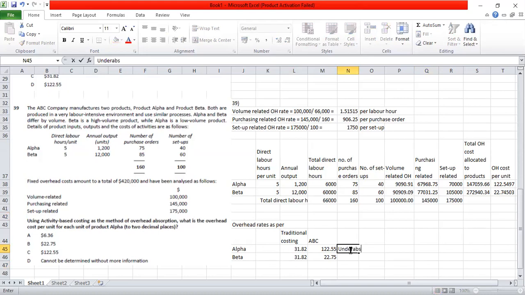So what is the disadvantage? If they charge a lesser amount, under absorption will result in underpricing the products. The price will not be sufficient to recover their cost. So that's a major disadvantage here. Then beta should have been only 22.75, but they have ended up charging 31.82. So over and above that, their selling price also definitely will be higher. This will affect the demand.